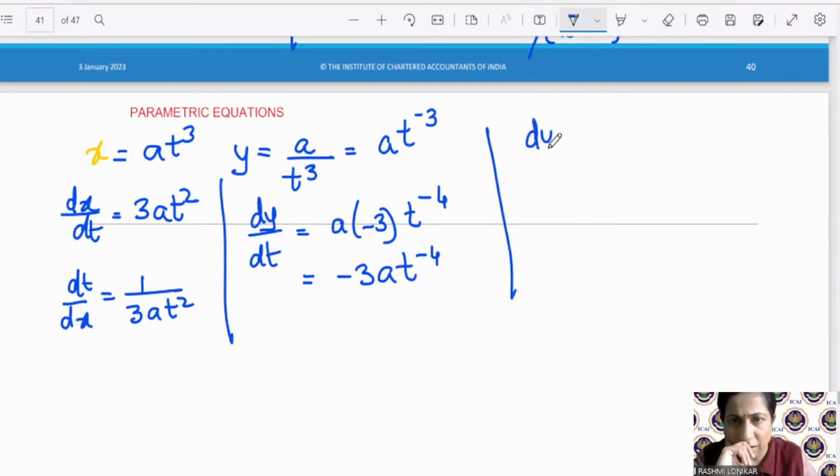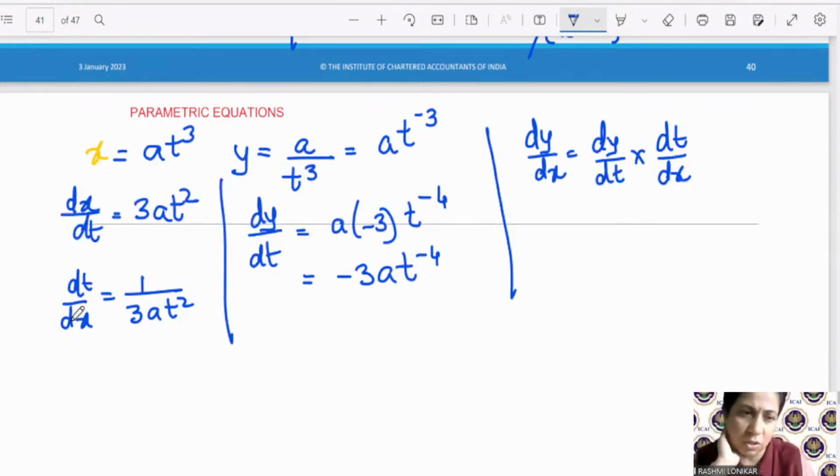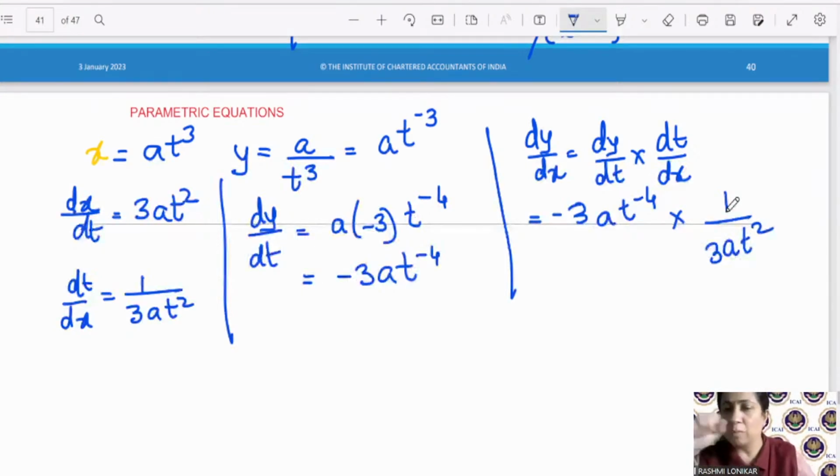Then I have dy by dx equal to dy by dt into dt by dx. dy by dt is minus 3a t raised to minus 4, into dt by dx, which is 1 upon 3a t square.